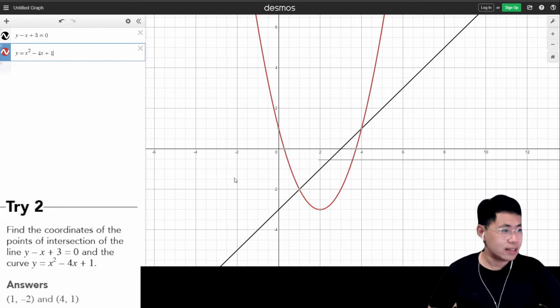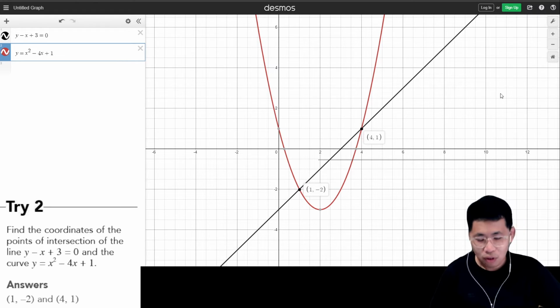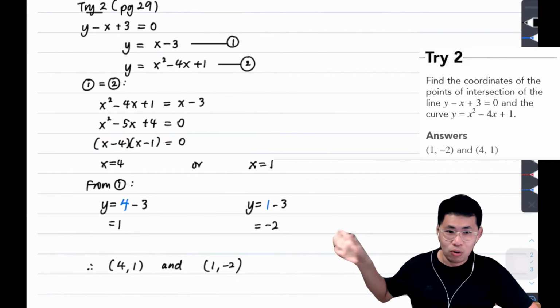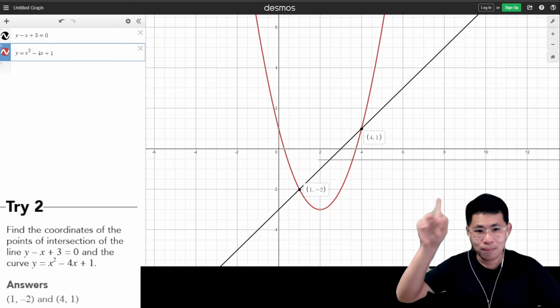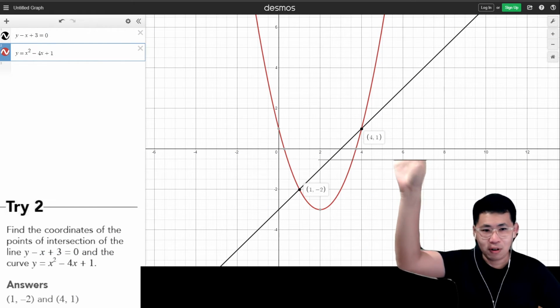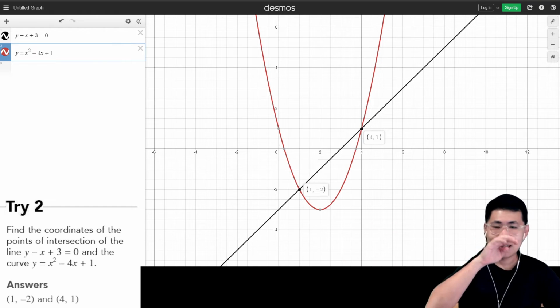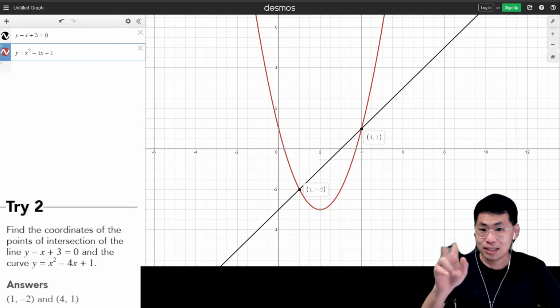As you can see, they intersect at 4, 1 and 1, negative 2, like our solution. In the graph, it's also 4, 1 and 1, negative 2. So just nice.